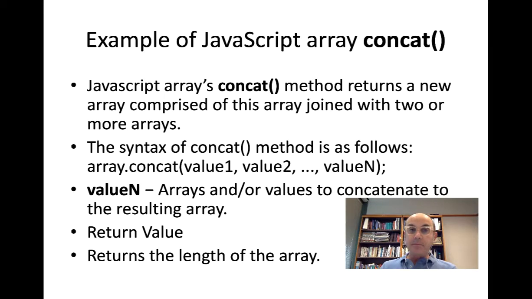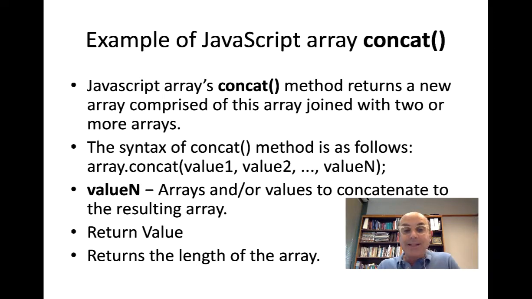And another example of a JavaScript array method is concat. It is a method that creates a new array joined from two or more arrays. So you can combine two or more arrays into one: value 1, value 2, or value n.